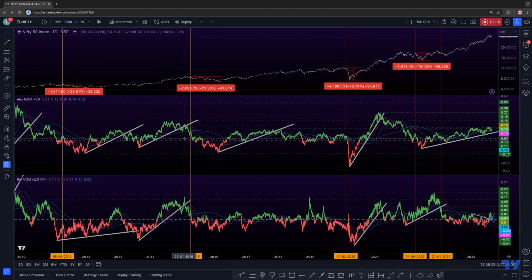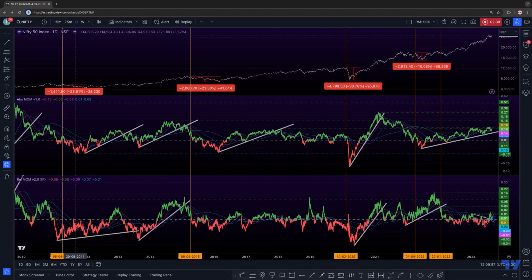Let's say you want to short a particular stock or the entire market. It will tell you where and when you should do that. In order to help you identify the places where the market was weak, I have these orange vertical lines, which will tell you when it would have made sense to short the market.